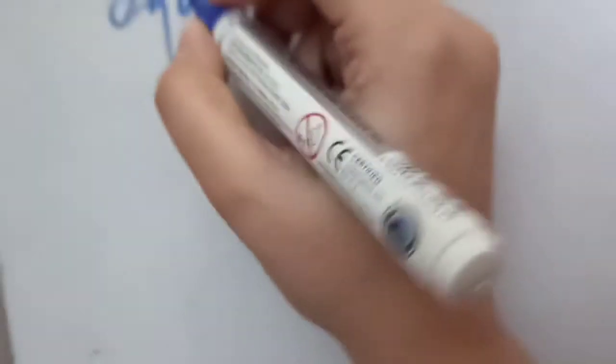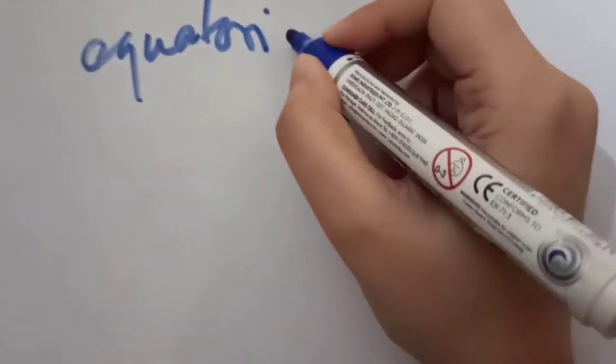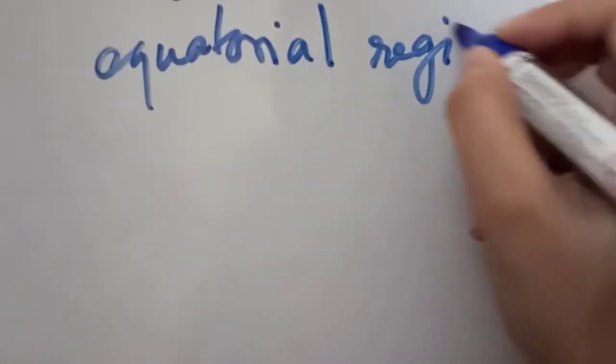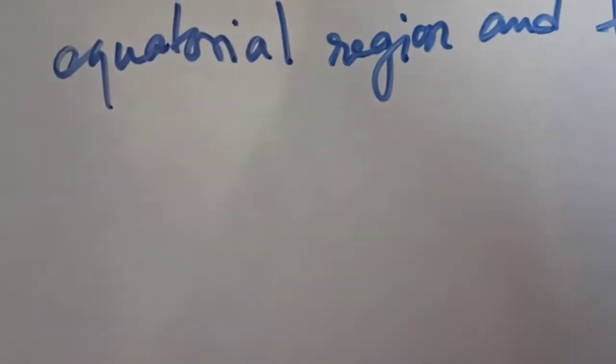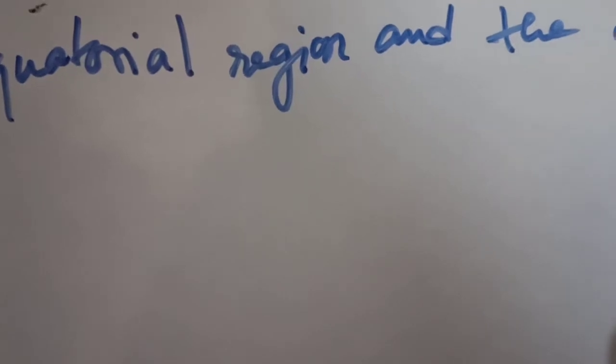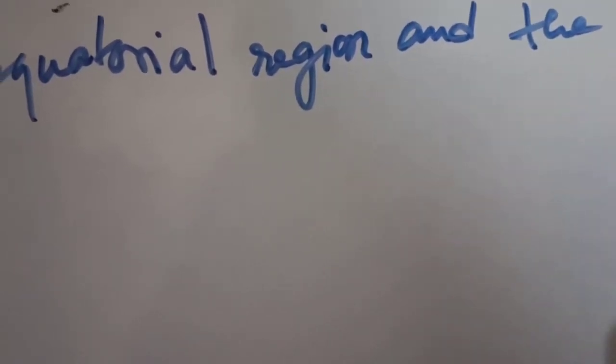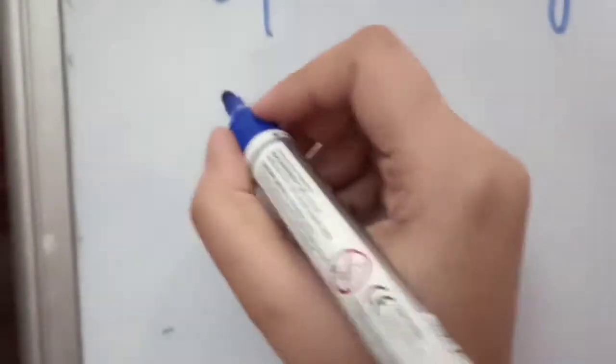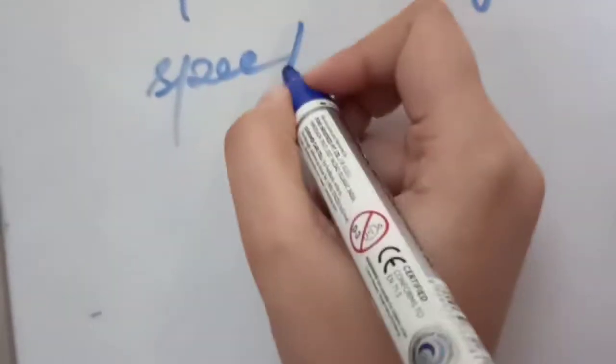is scattered out or moves out of the equatorial region and the adjoining areas. Over here the speed of the rotation is high.